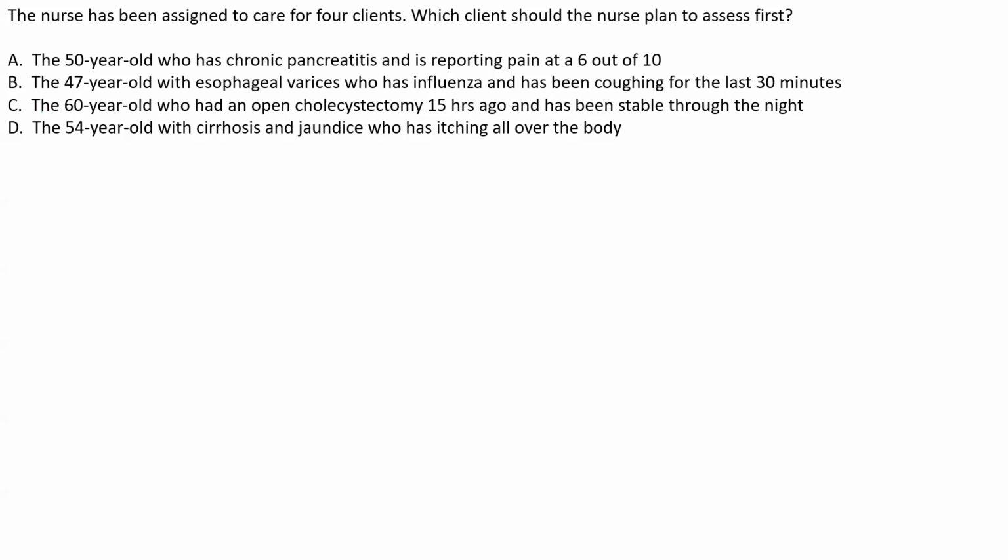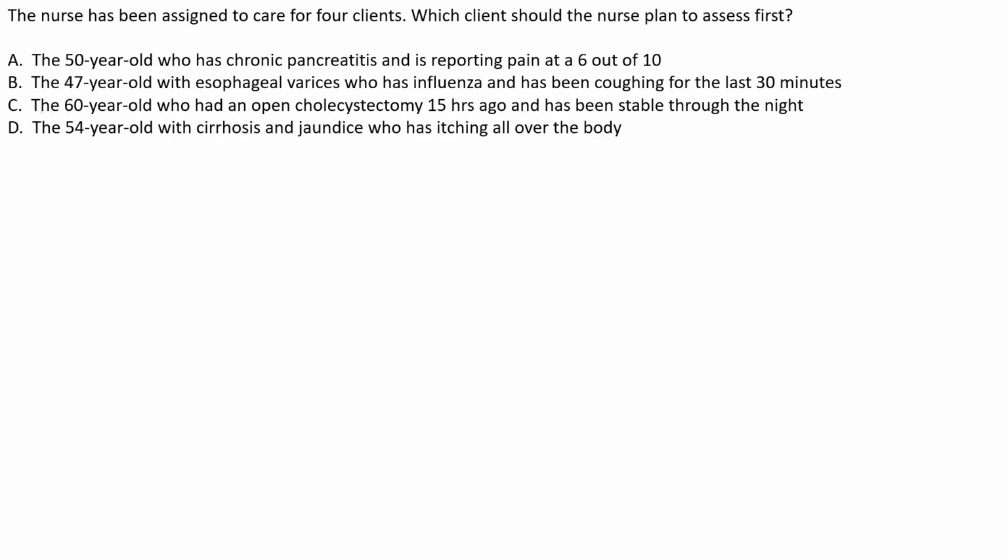A patient with esophageal varices who has flu and has been coughing for the last 30 minutes. The third one, open cholecystectomy 15 hours ago, stable through the night. And the last one, liver cirrhosis with jaundice, who has itching all over the body.